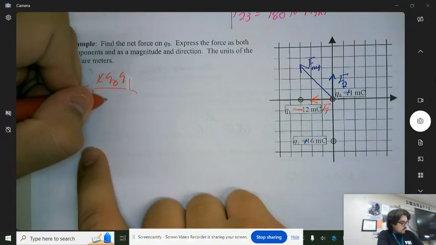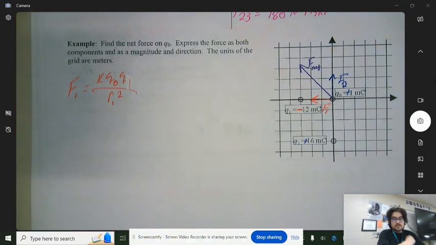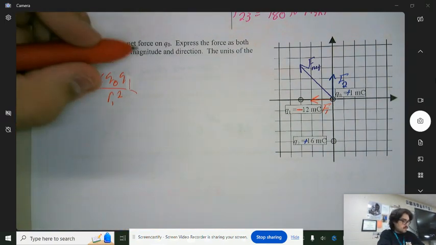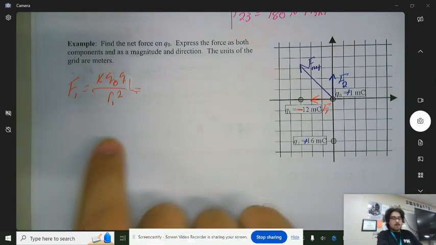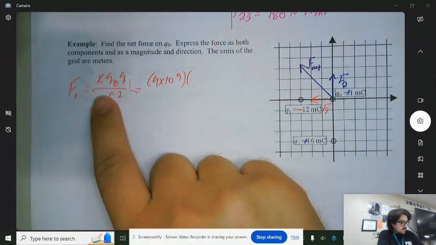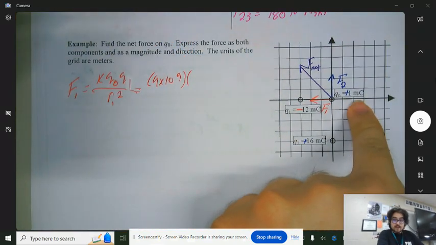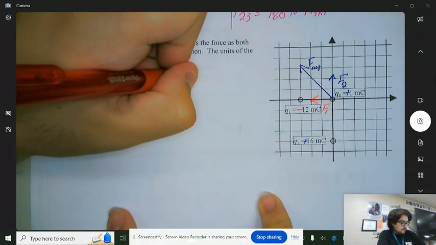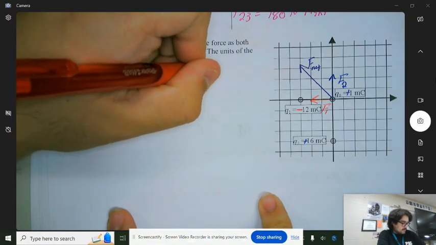Okay, over the distance between the two squared. Okay, we'll call that R1. Well, we plug everything in, 9 times 10 to the 9th, okay? Q naught has a charge of positive 1 millicoulomb, 1 times 10 to the negative 3rd.